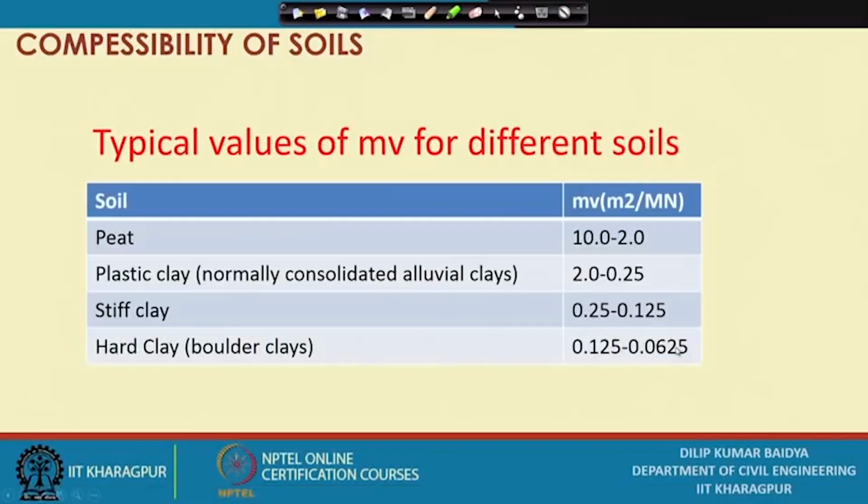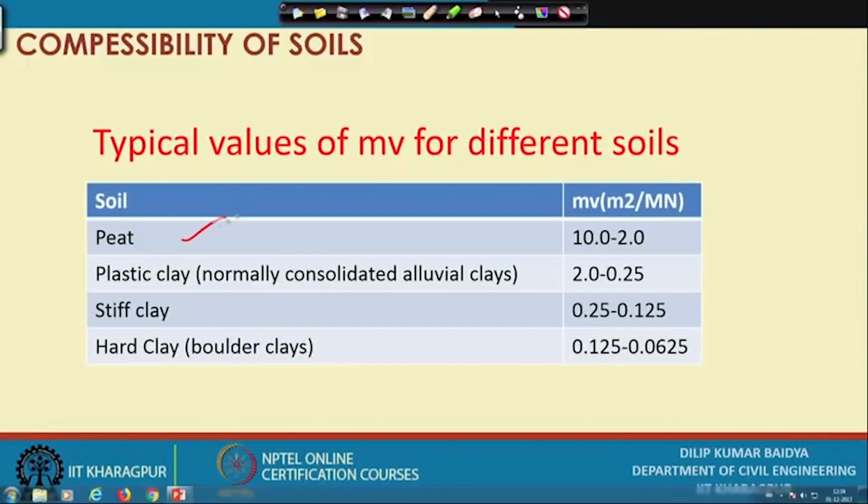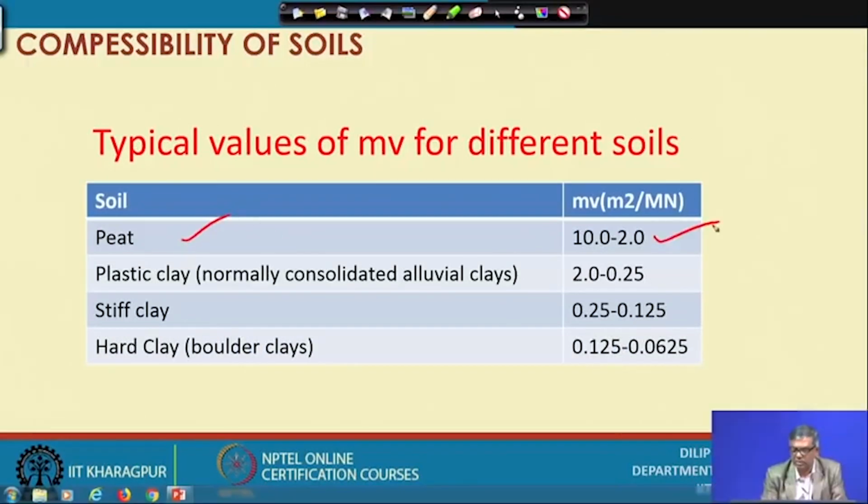Now, typical values of MV for different soils will obviously be different. You can see peat has a very high value, plastic clay comparatively less, stiff clay further less, and hard clay even less. So, organic clay will have maximum compression, plastic clay intermediate, and the others lesser compression.